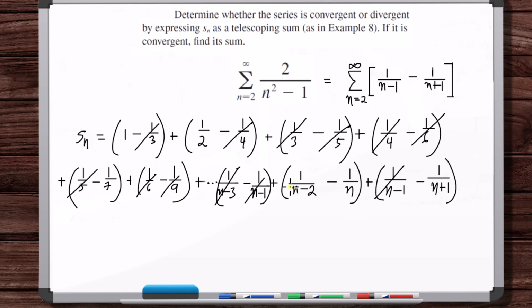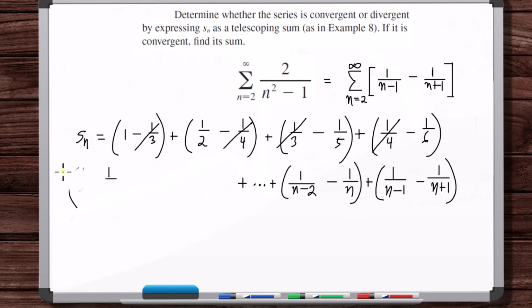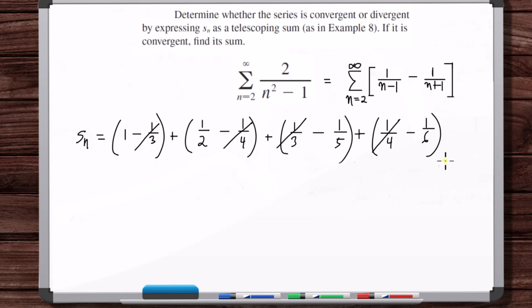And the n minus 2 here is going to cancel with, so like, imagine this is the n minus 2. That's going to cancel with a term over here. So now so we can see this clearly, let's write this. This one's kind of tough to see. Let's do this. So okay. We've got 1/5 minus 1/7, okay, plus 1/6 minus 1/8.